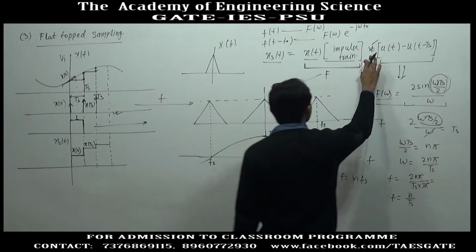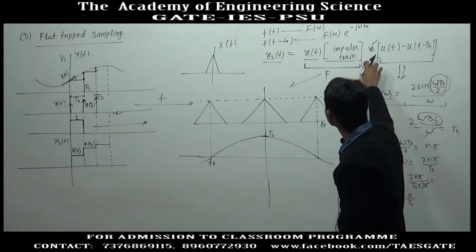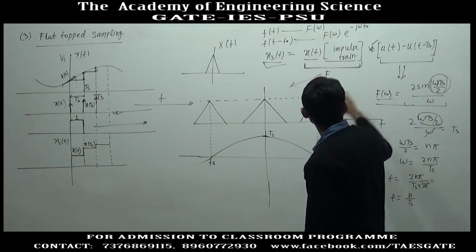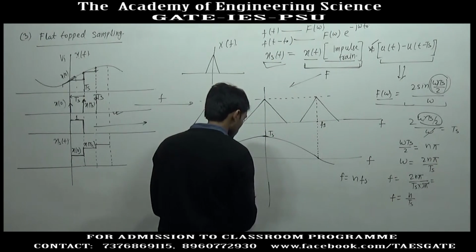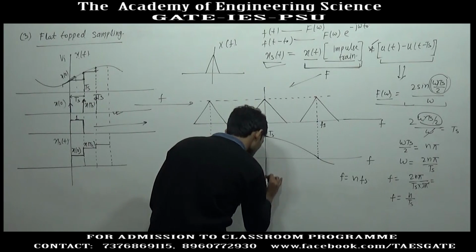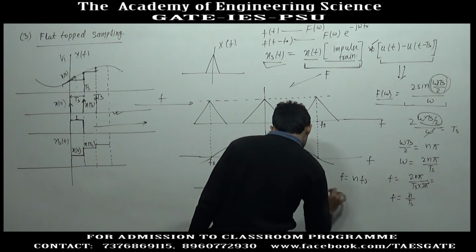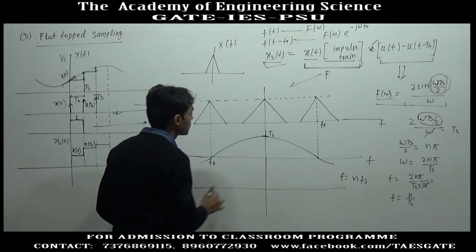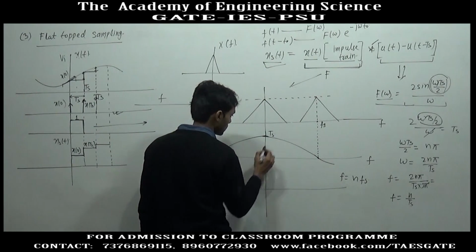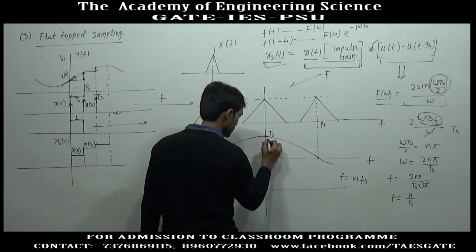Now, since the convolution sign is there, if you want to take the frequency transform of this signal, we will have to multiply these two signals. Now, this height is Ts.